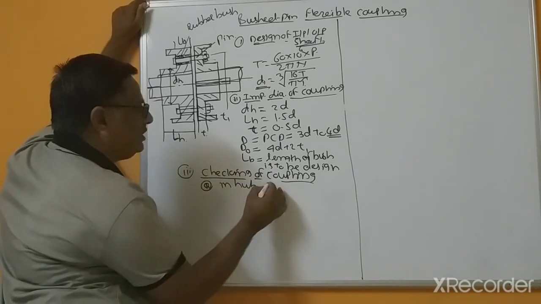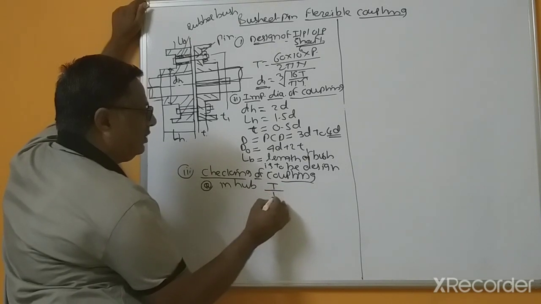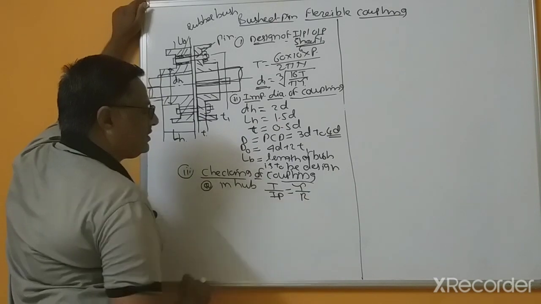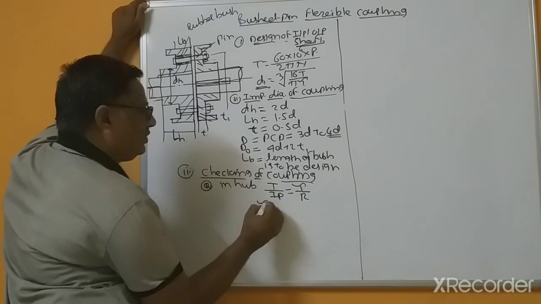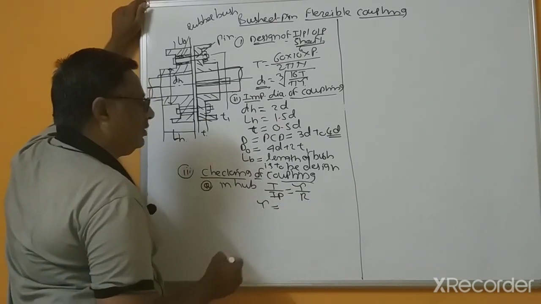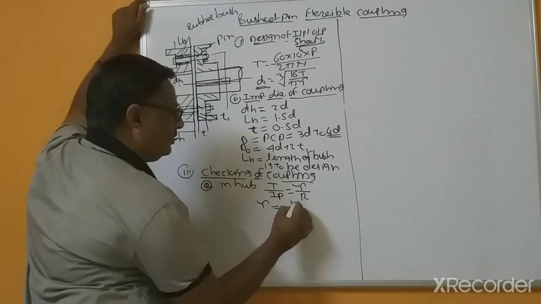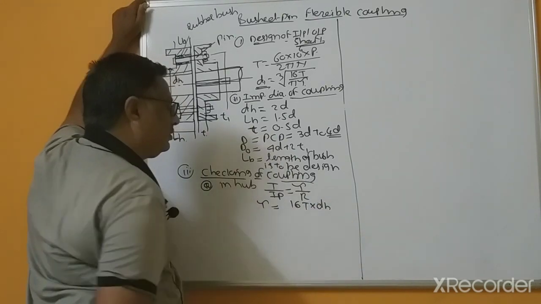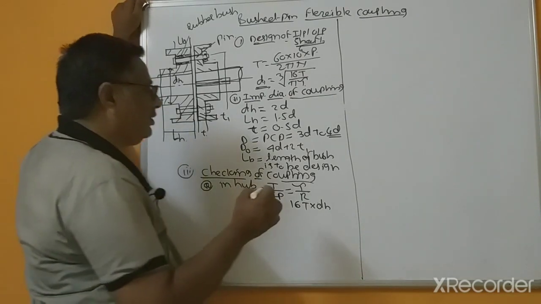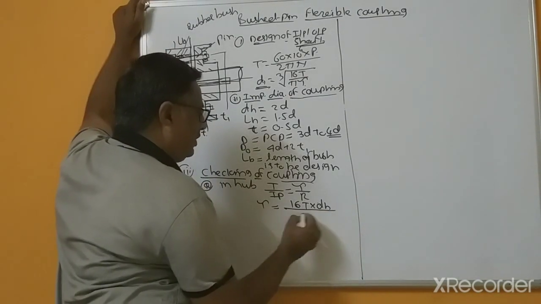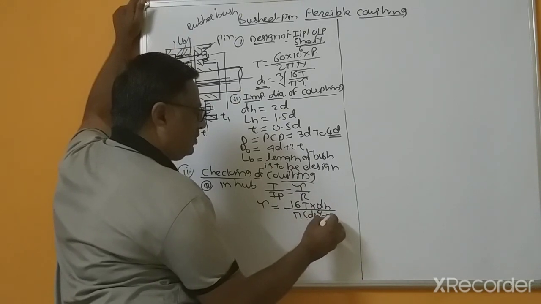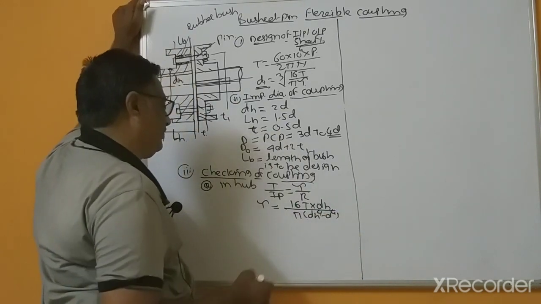In the hub, by using the formula T / J = tau / R, tau = 16T dH / (pi (dH^4 - d^4)).